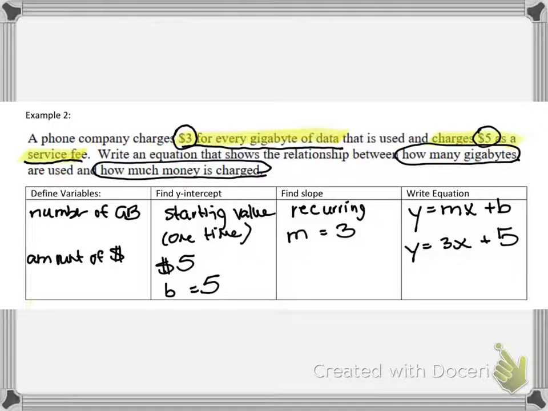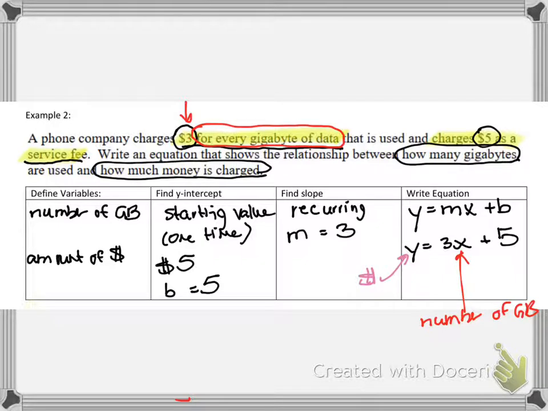Well, if I'm multiplying this $3 by x, then x must represent the number of gigabytes of data that I'm using. So x must be the number of gigabytes. And then that must mean that y, this total value, is telling me how much money I'm paying.